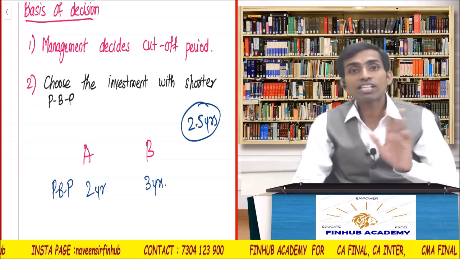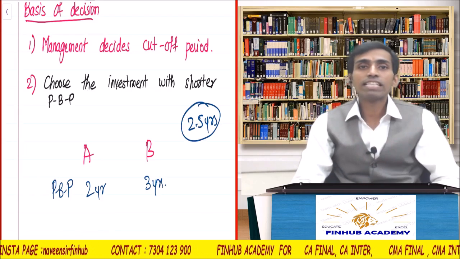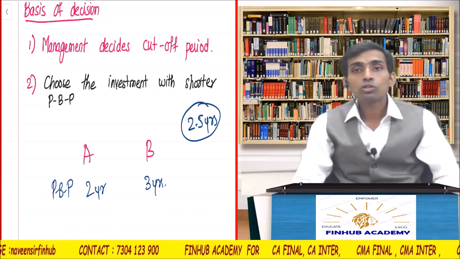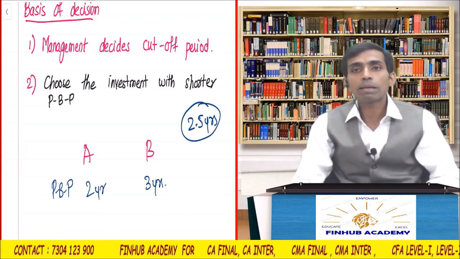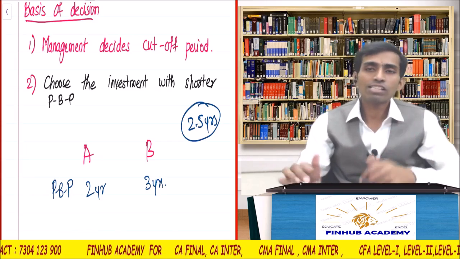If nothing is mentioned in the question, then you should choose the project with the shorter period. Between A and B, which has a shorter payback period? Second, what is the logic behind this?